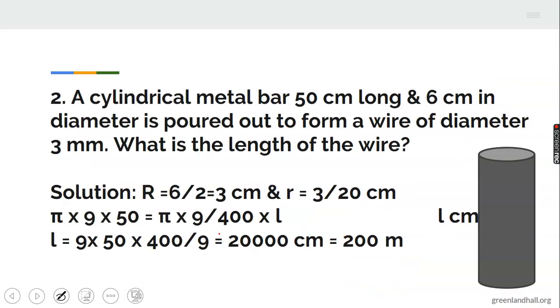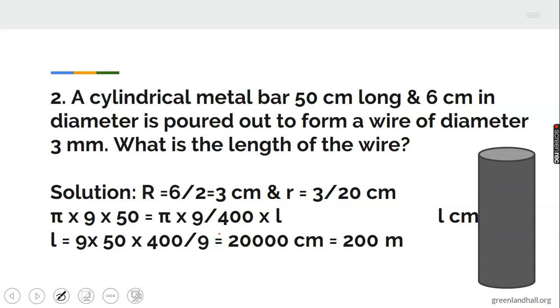Example 2. A cylindrical metal bar, 50 cm long and 6 cm in diameter, is poured out to form a wire of diameter 3 mm. What is the length of that wire? Here, the two objects are both cylindrical in shape.